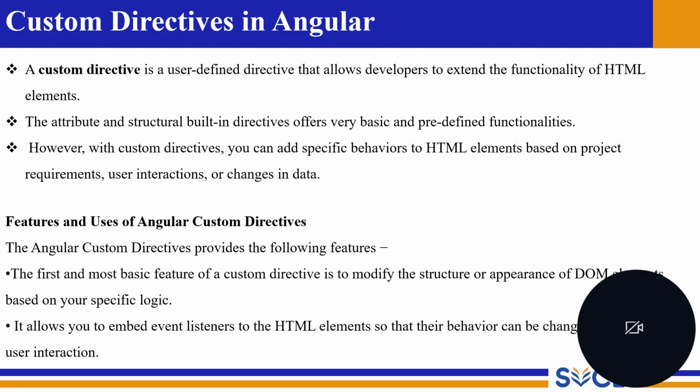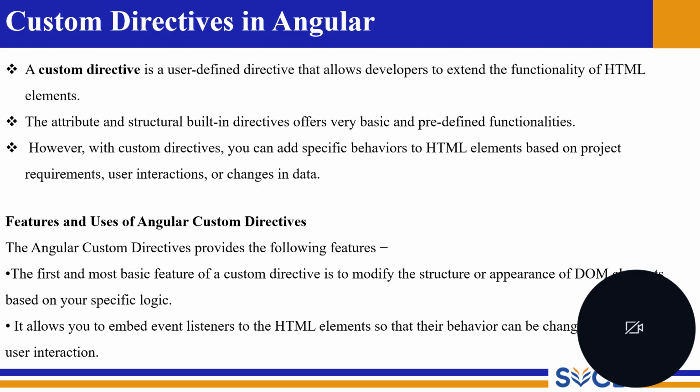Then the final one is custom directives in Angular. A custom directive is a user-defined directive that allows the developer to extend the functionality of HTML elements. The built-in attribute and structural directives offer very basic and predefined functionality.